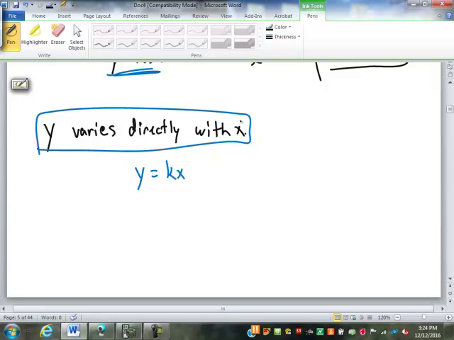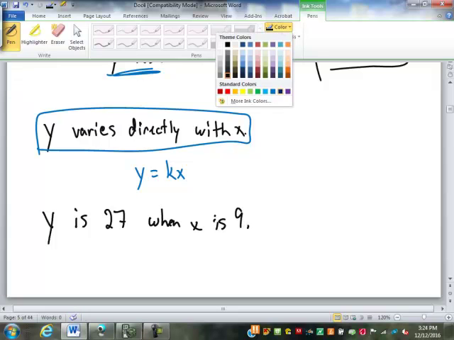Let's say the next part of the problem says y is 27 when x is 9. So what this is telling us now, this is what we would call an initial condition.